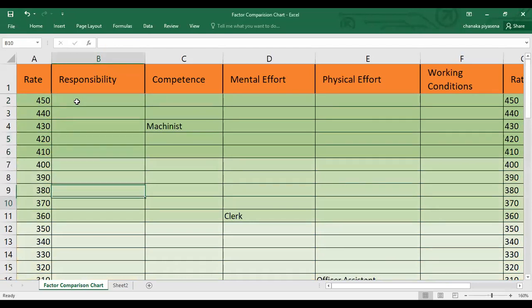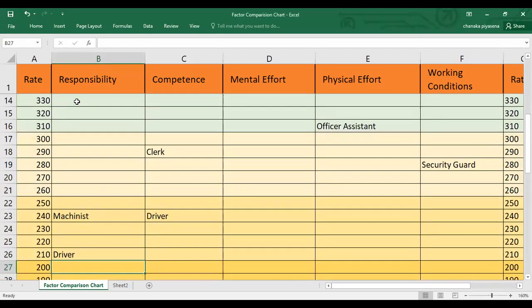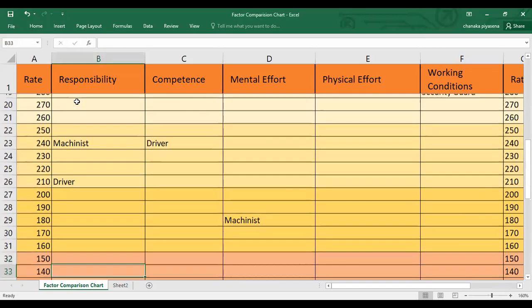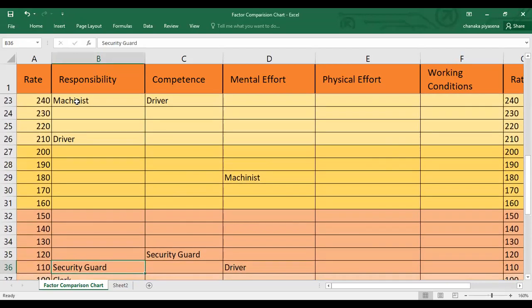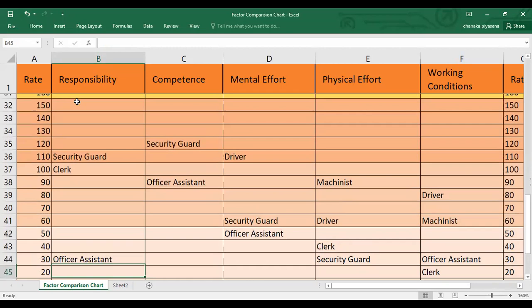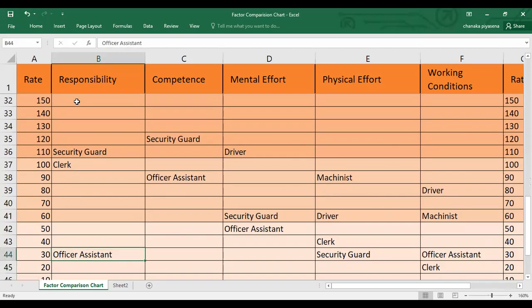Based on the responsibility, there are 5 jobs. Machinist is at the highest level, driver is the second level, and next is 108, that is security guard, 96, that is clerk, and 30, that is office assistant.